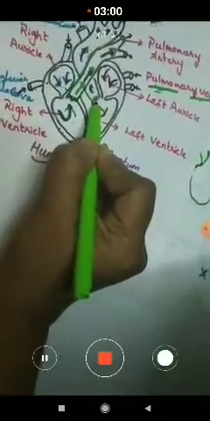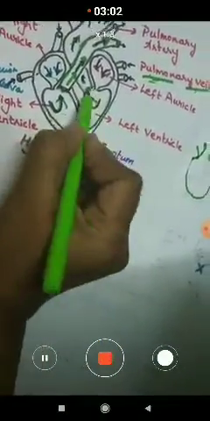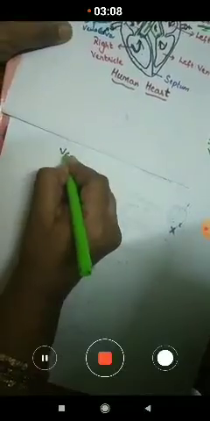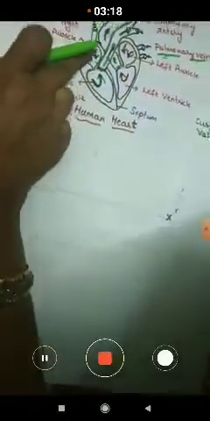Once it opens, here you have to learn the function of the valve, children. Here I told you the tricuspid valve is present. As it relaxes, it opens. Once the blood is filled into the right ventricle, it closes again.